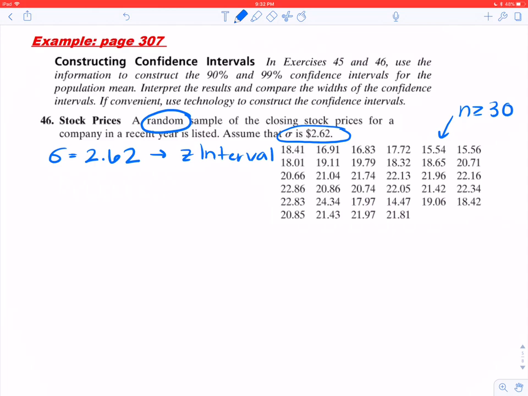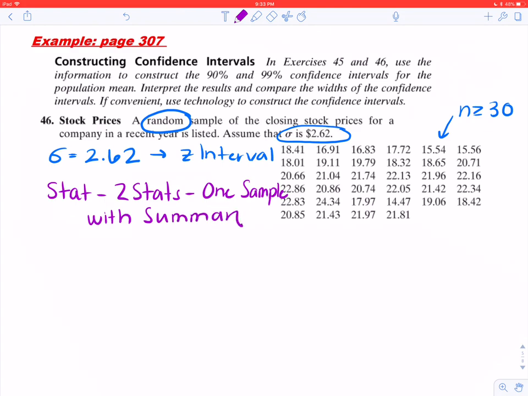Now, when I go to construct the interval here, I'm going to go back to the same place, which was Stat, Z Stats, one sample, but then instead of choosing with summary, since I have the actual data values, in this case, I'm going to choose with data because I have the actual sample values here.